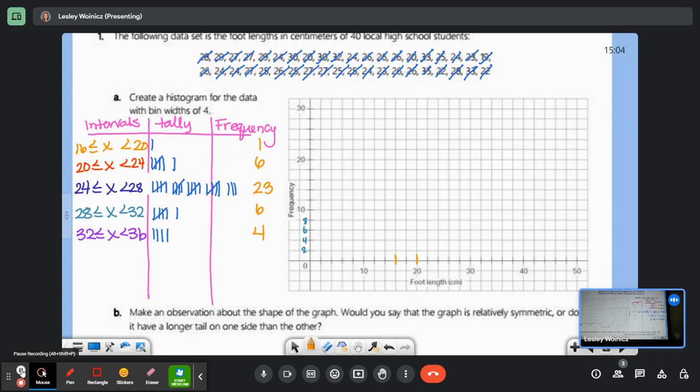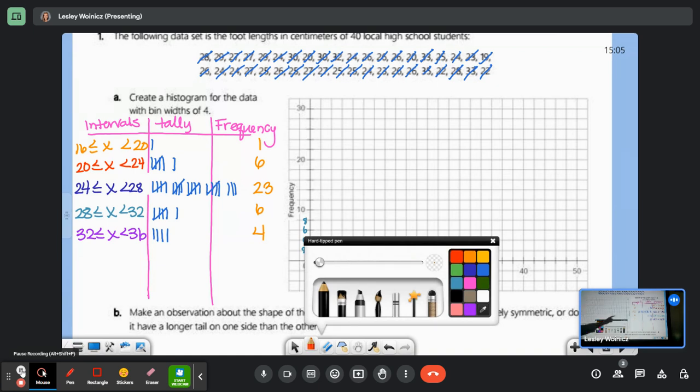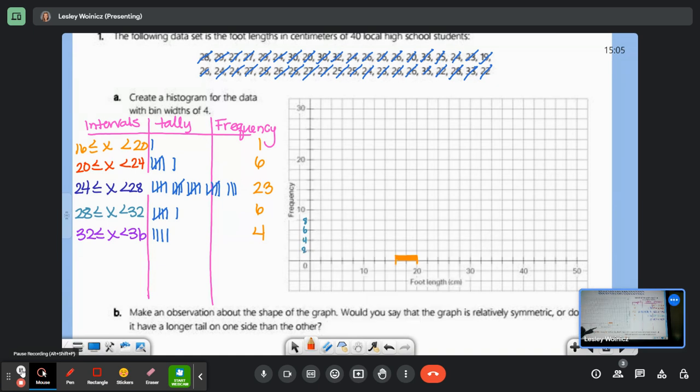Is this making sense now? Okay, still confused. All right, so this one only goes up 1. I only had 1 in that bin. Next, in my red 20 to 24 bin, I have 6.